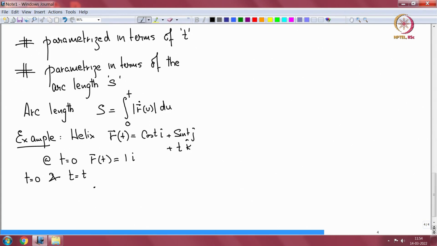The arc length is s equal to the integral from 0 to t of magnitude r dot of u du, which is equal to the integral from 0 to t of the square root of cos squared u plus sin squared u plus 1 du.